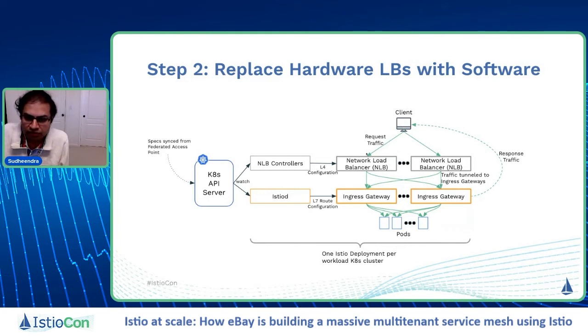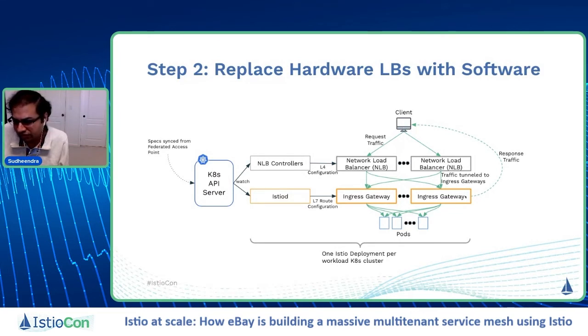If you look at the request traffic, from the client, the request hits the network load balancer, and then it's sent to the ingress gateway through the IP-in-IP tunnel, and to the pods.